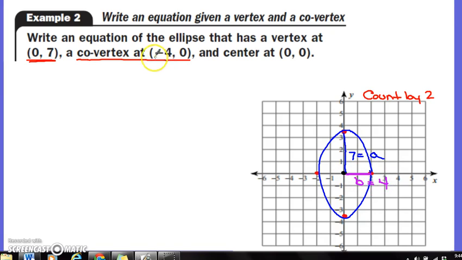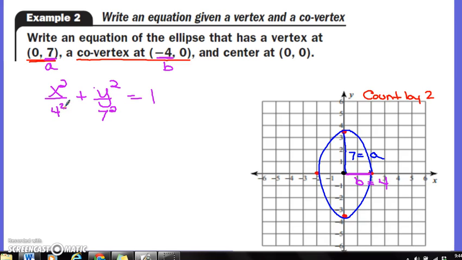This is b, it's smaller, and a is bigger. And remember the equation is x squared over something plus y squared over something equals 1. Well, the a has to go with the 7, so this will be 7 squared, and the b goes with the 4, so it's 4 squared.